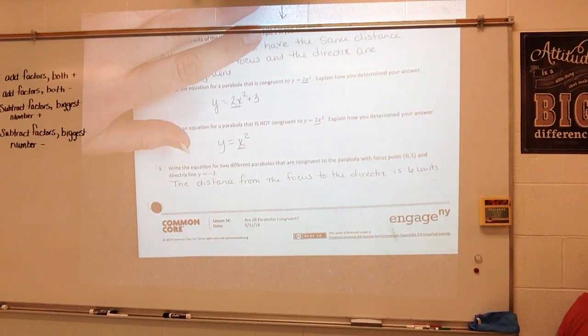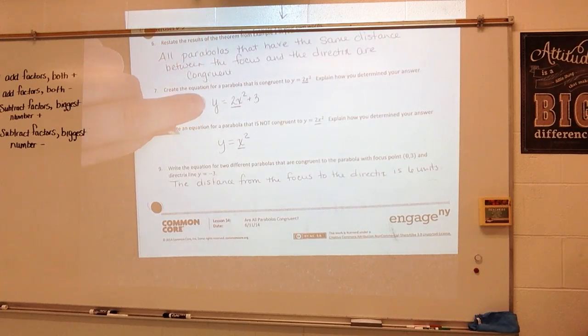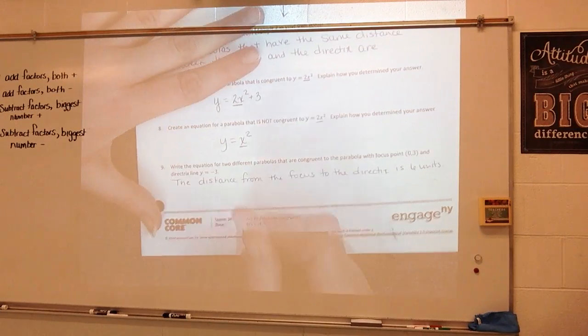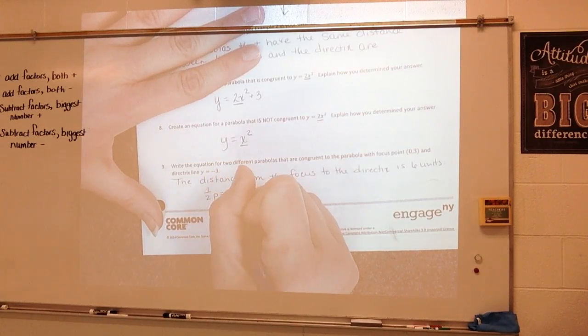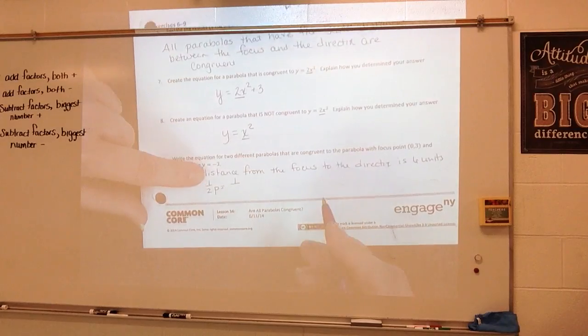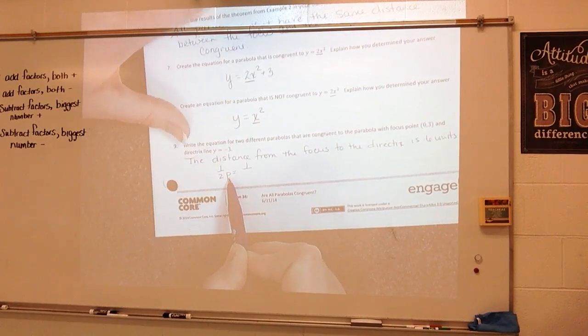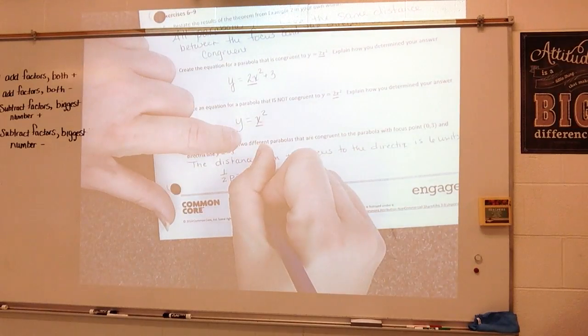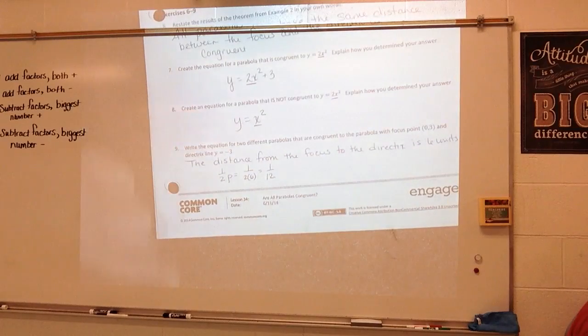Okay? So any parabola with a coefficient of, let's say 1/2 p is equal to 1, so p is 6, 2 times 6, so 1/12 will be congruent to this parabola.